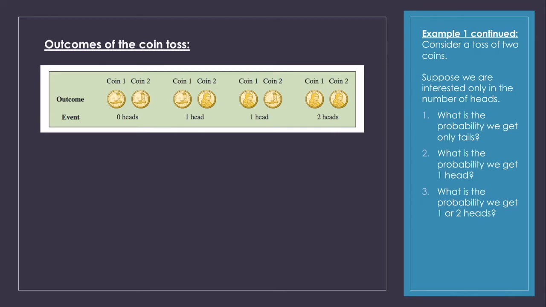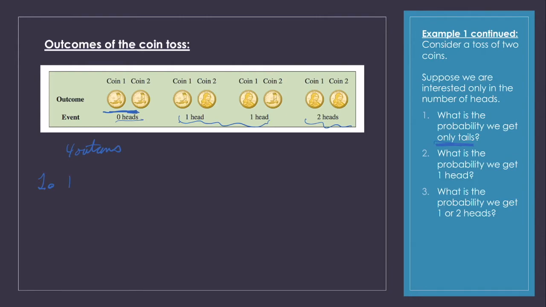So let's go back to our coin toss. Remember we had 4 outcomes and 3 possible events of 0 heads, 1 head, or 2 heads. For problem 1, it says, what's the probability we get only tails? Well, there's only 1 way to get only tails.